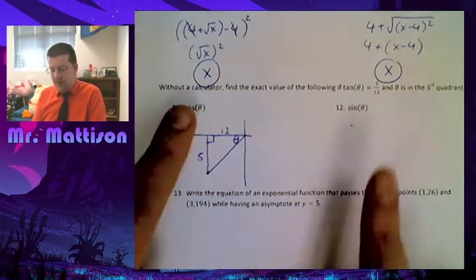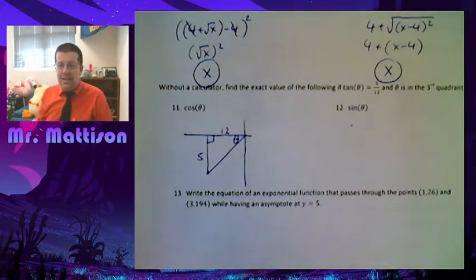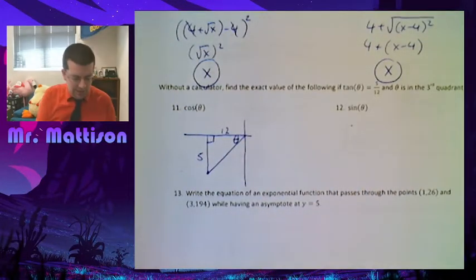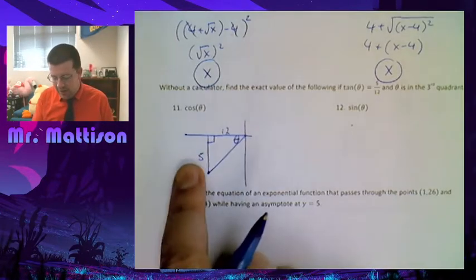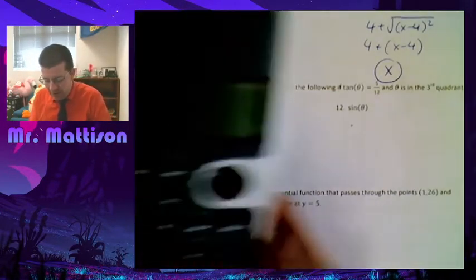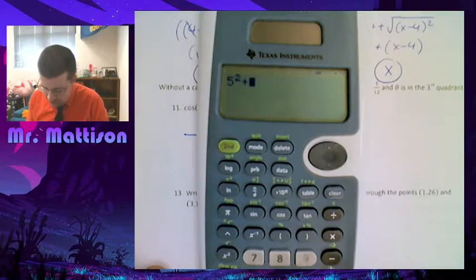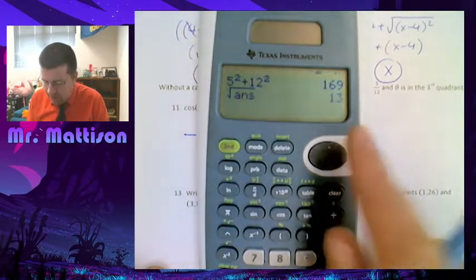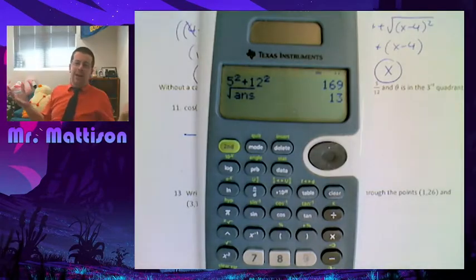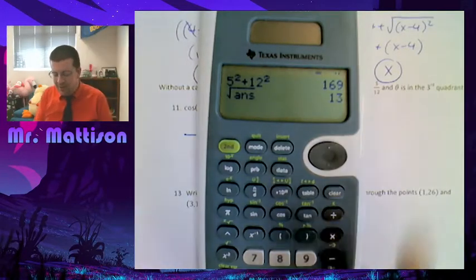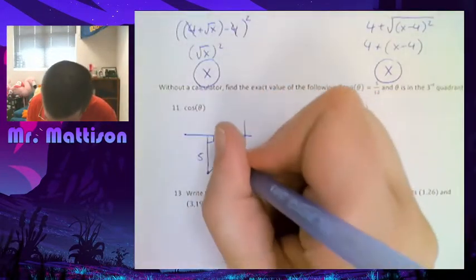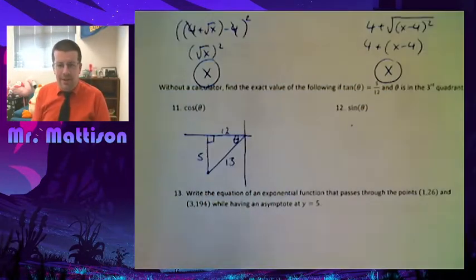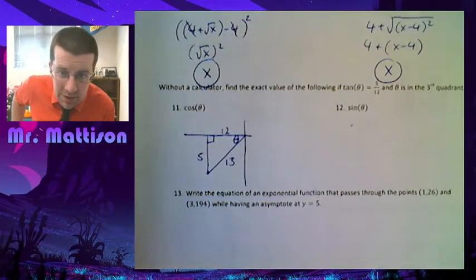In order to find cosine or sine's ratio, I need that hypotenuse. So I can do a real quick Pythagorean theorem. A squared plus b squared equals c squared. So 5 squared plus 12 squared, and then square root that. We get plus or minus 13. It's only the positive option because we're talking about side lengths. So I get 13. It's almost like I picked a Pythagorean triple in order to make nice, pretty numbers for you.